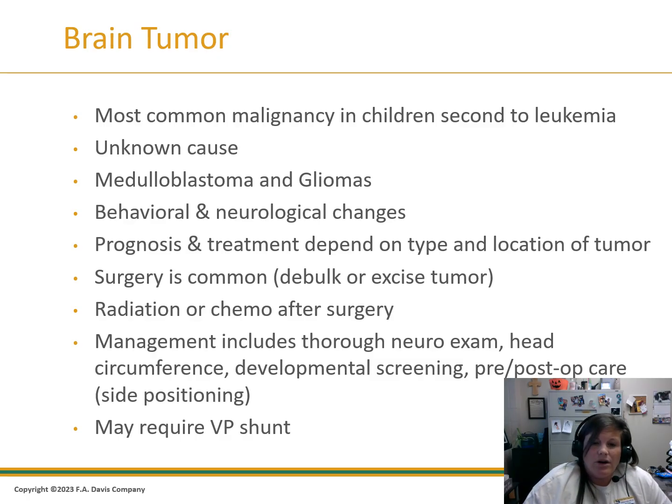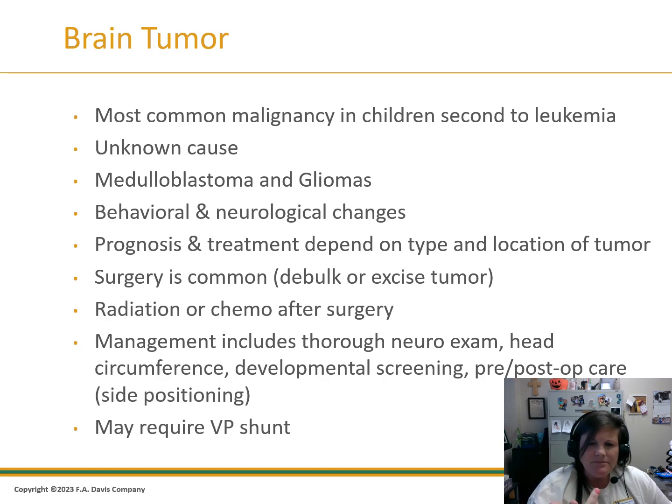There are 4 common types of brain tumors, and they're named based on where in the brain they occur. They include medulloblastoma, gliomas, astrocytomas, and ependymomas, but we're going to be really just focusing on brain tumor in general, kind of the umbrella term, if you will.